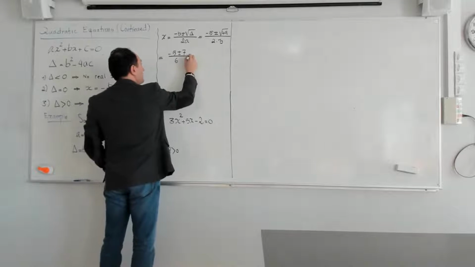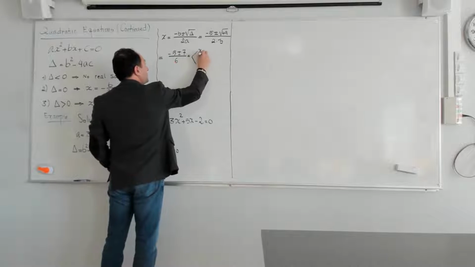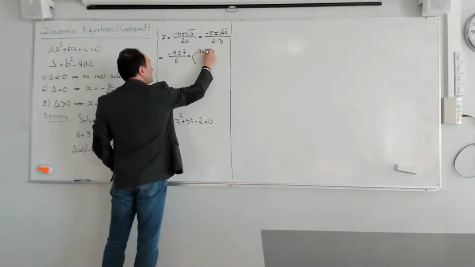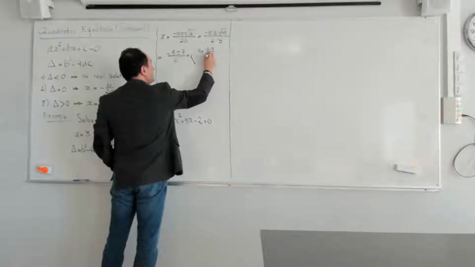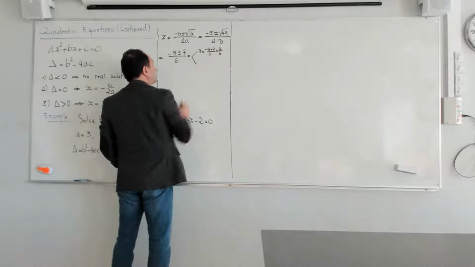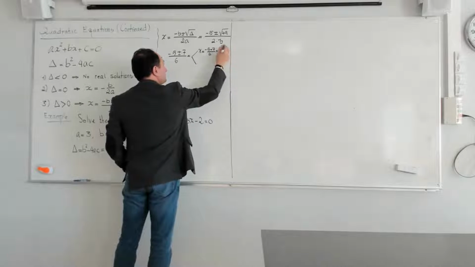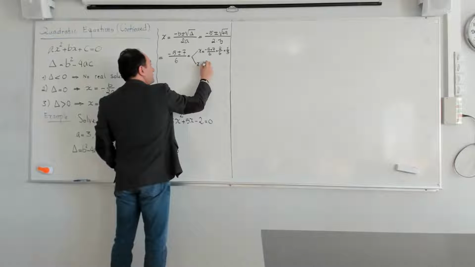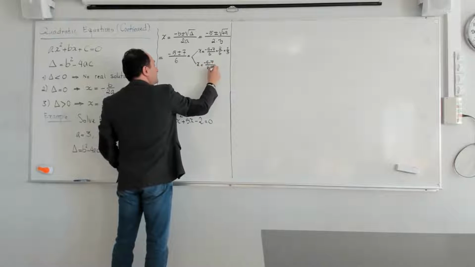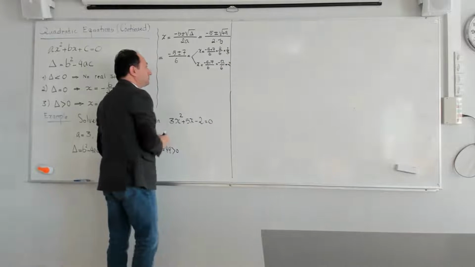So from here, I have 2 possibilities, yes? I choose the positive sign. It's minus 5 plus 7 divided by 6, which is 2 over 6, yes? And this is 1 over 3. Another possibility is minus 5 minus 7 divided by 6, which is minus 12 divided by 6, which is minus 2.